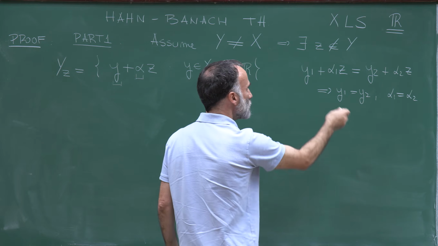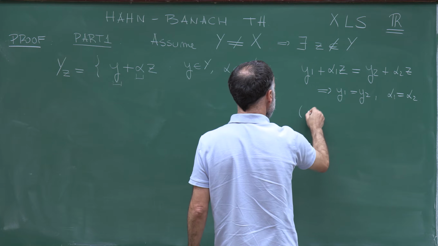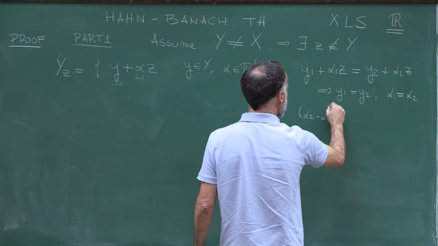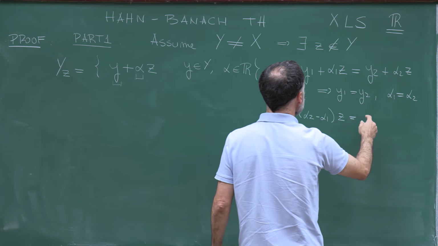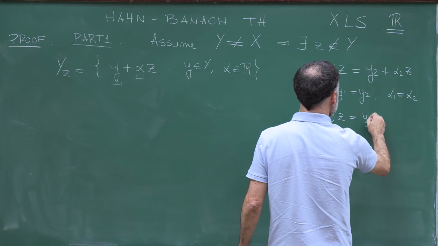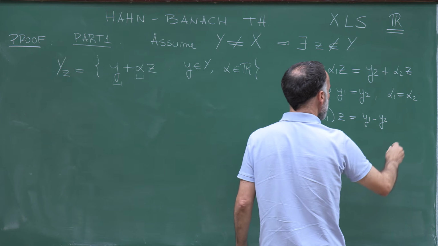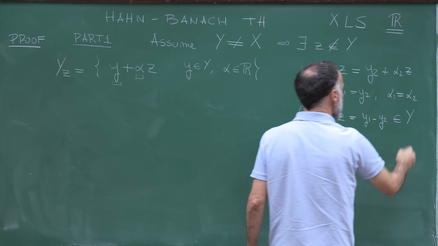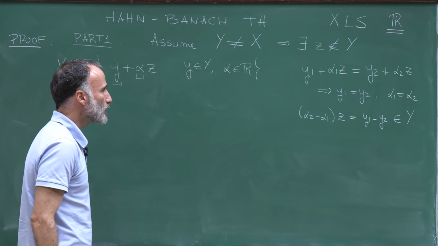And why is that so? Well, because it follows from this identity that alpha 2 minus alpha 1 times z is equal to y1 minus y2. So this is an element of Y.